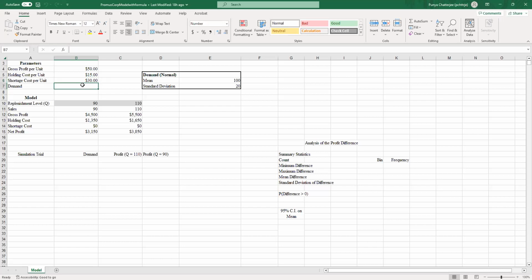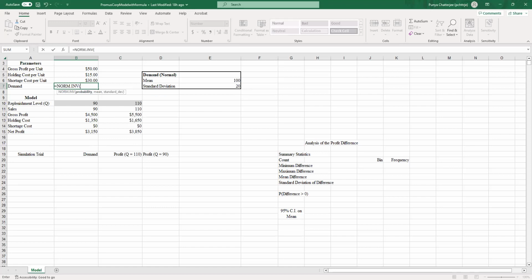Now the demand is going to be random, and we need to generate the demand. What we know is that the demand follows a normal distribution with a mean of 100 and a standard deviation of 2. We know how to generate a normal random variable. The way to generate it is to use the NORM.INV function right here, and it asks for a probability.